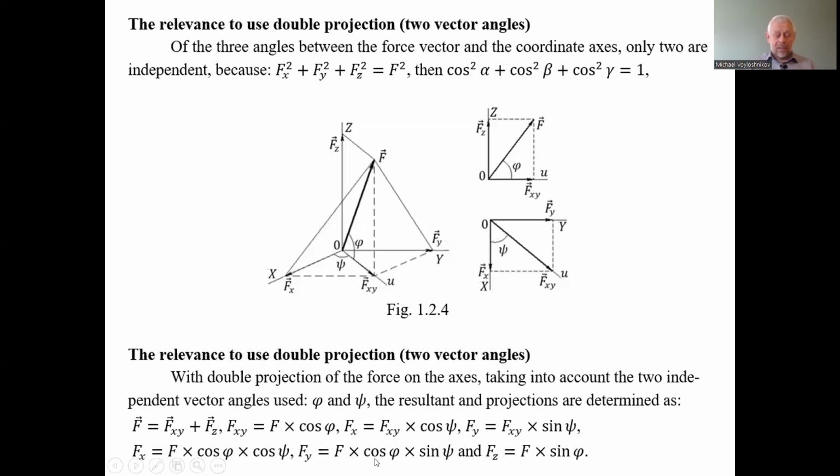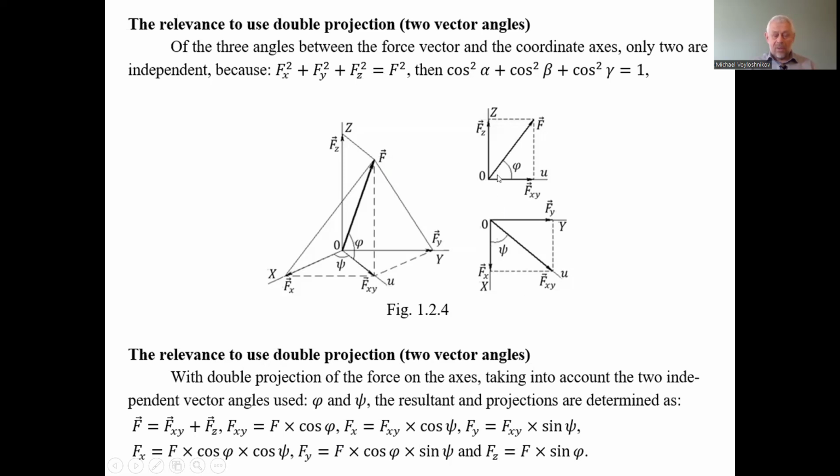So we can find the projection of this force on the axis x as a product of Fxy by the cosine of the angle psi, which is the angle between this auxiliary axis 0u and the axis x, in the horizontal plane.